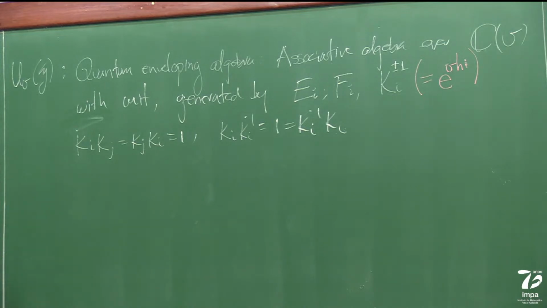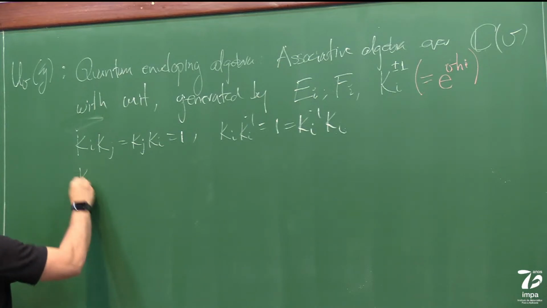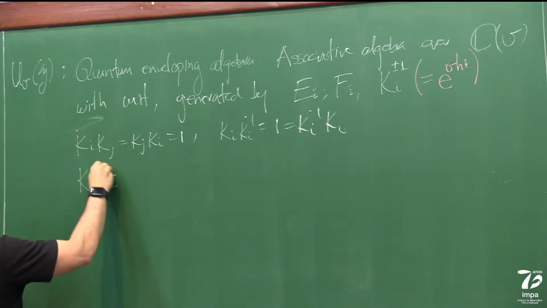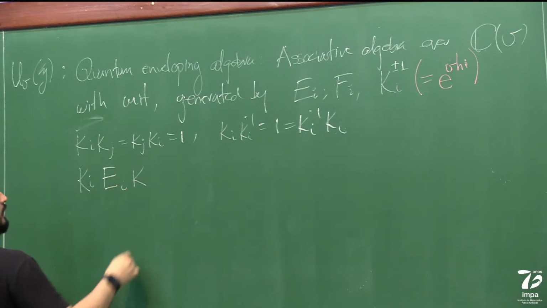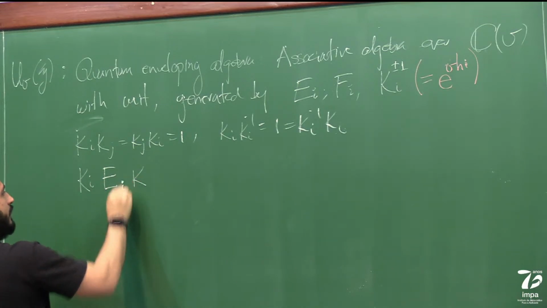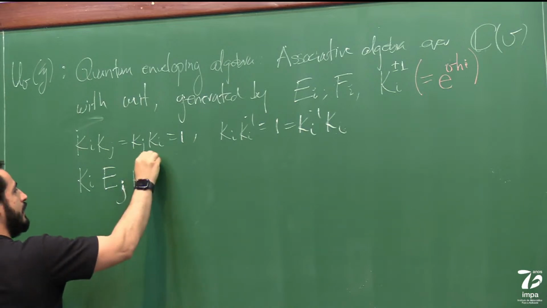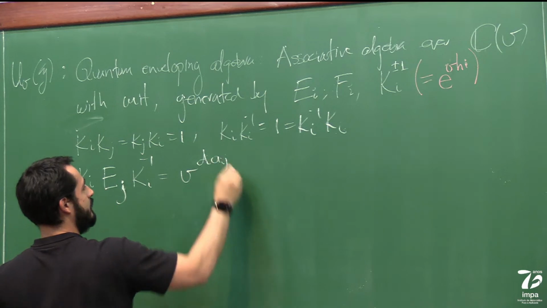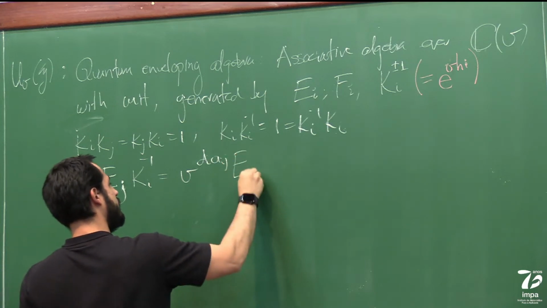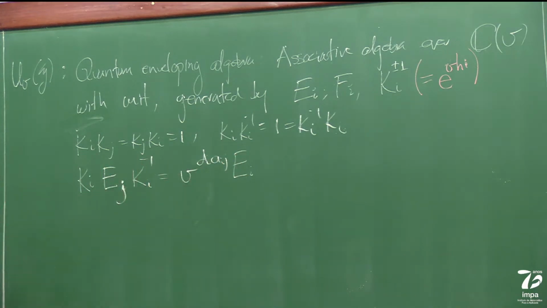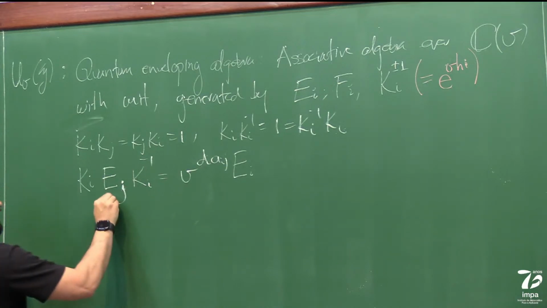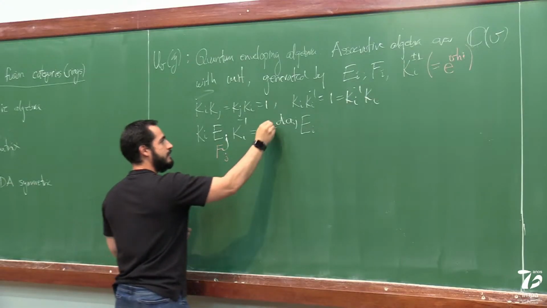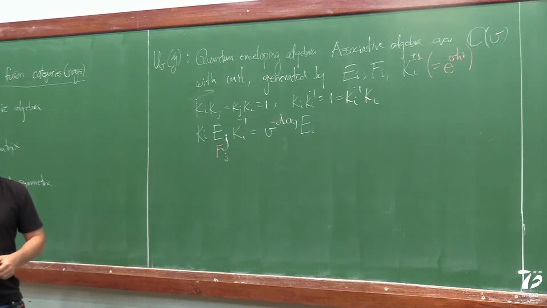Also, the one that allows you to compute the weights in your representation, this is a highest weight theory, is that the action of this K_i on the E_j, and K_i again, maybe I can put I, J, A inverse, this is just this variable to the d_i a_ij E_j. For that reason, I just need this. And here, if I replace with this F, I put a minus here.